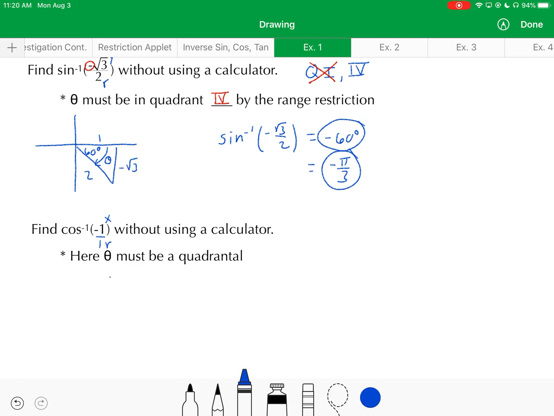So think about the range for the inverse cosine function. It spans from 0 to pi, or 0 to 180 degrees. Well, the only place where cosine is going to be negative 1 would be over here at the point (-1, 0). Okay, so that's going to be at 180 degrees, or at pi if we're in radians.